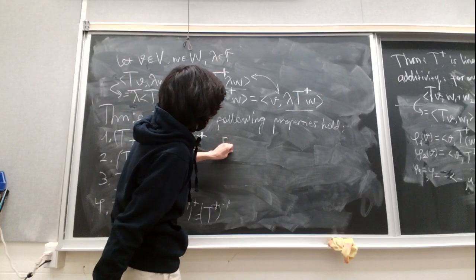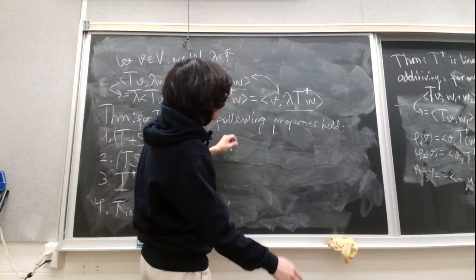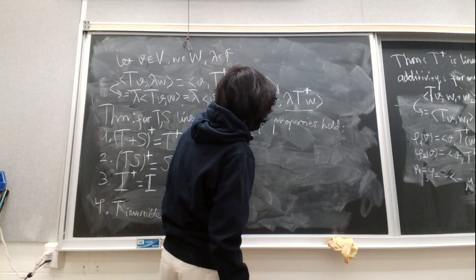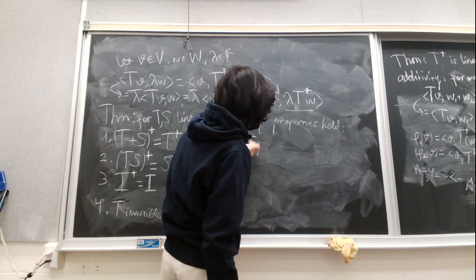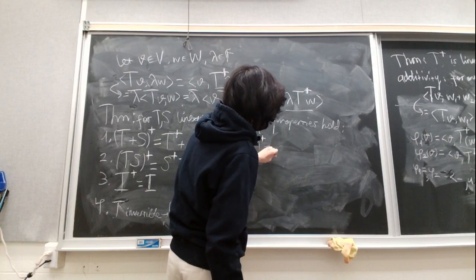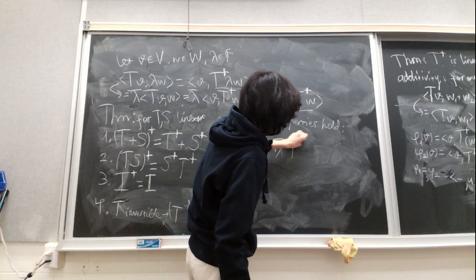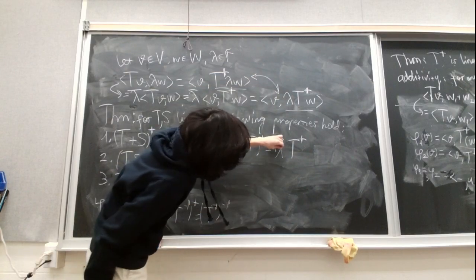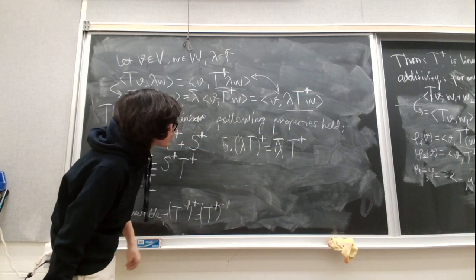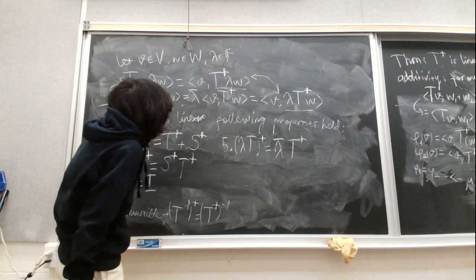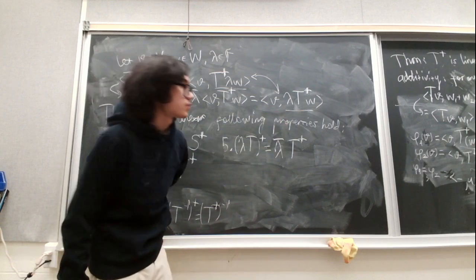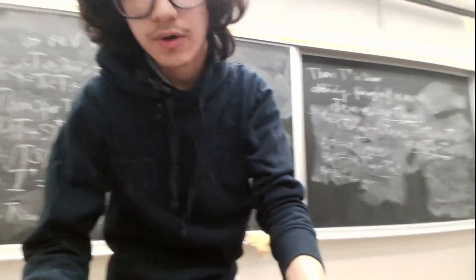And then the fifth property is that if you multiply by a scalar, then you take it out and you have to take the conjugate, and then you get this. Okay. So I'm going to move over to that board now.